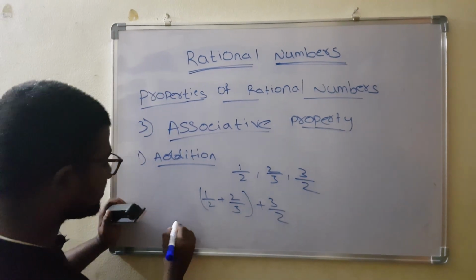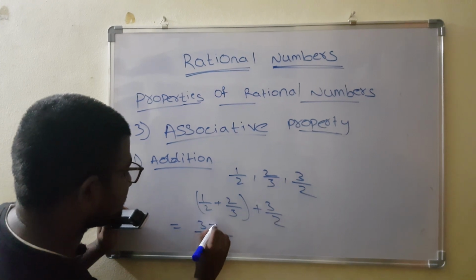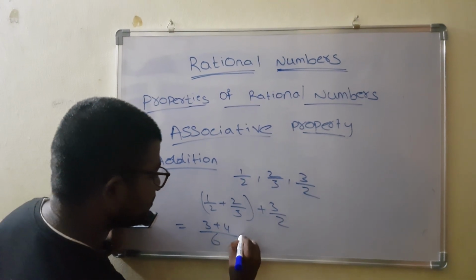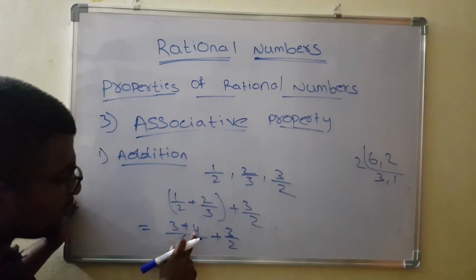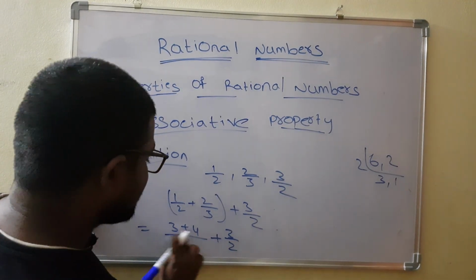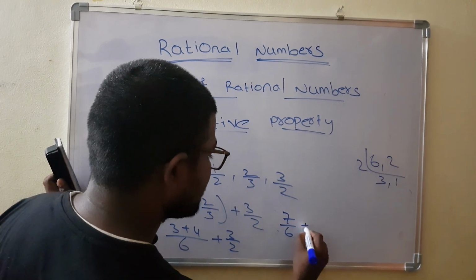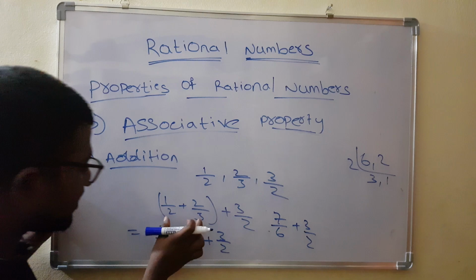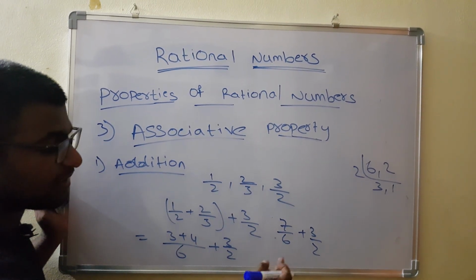What result do we get by taking the LCM of these numbers? 6, 3, 4 plus 3 by 2. What is 3 plus 4? That is 7 by 6 plus 3 by 2. By clubbing the addition of these two numbers to another number, we get the result.